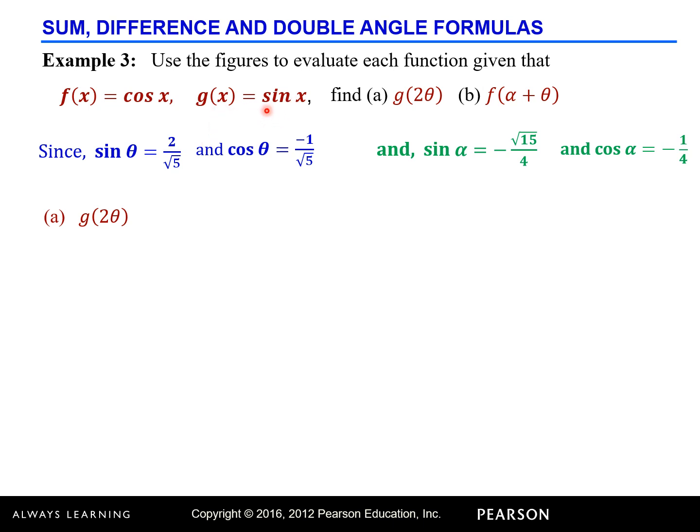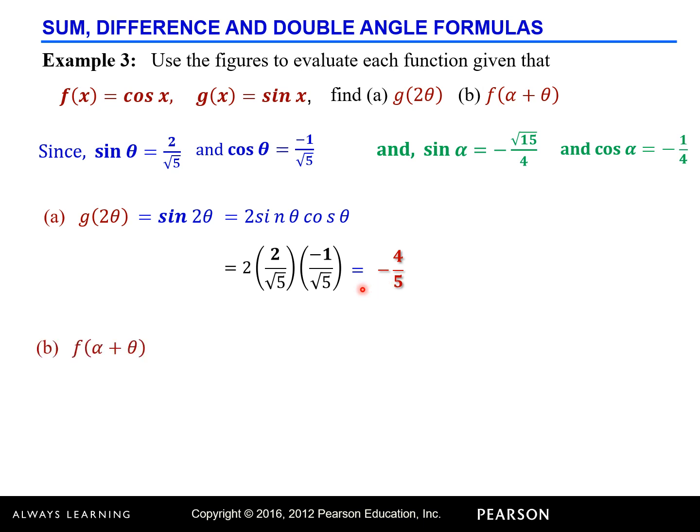So this is equal to sine of 2 theta. And this is now the double angle for sine, which is equal to this identity, 2 sine theta, cosine theta. Then after that, we would just substitute the values for sine and cosine of theta. And then multiplying this, we will get negative 4 over 5.